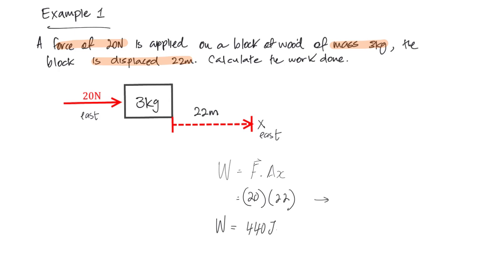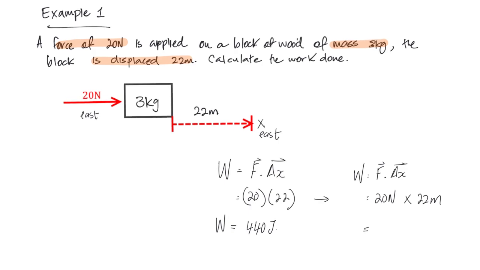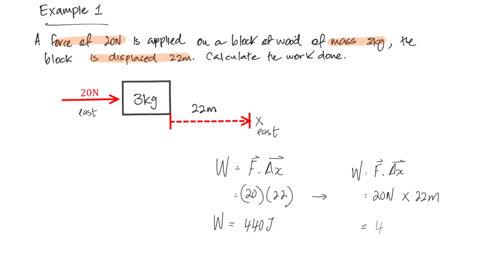Now, if I said work is force times displacement, and I said 20 newtons multiplied by 22 meters, I just want you to see the unit of measurement. We'll get 440 newton meters.